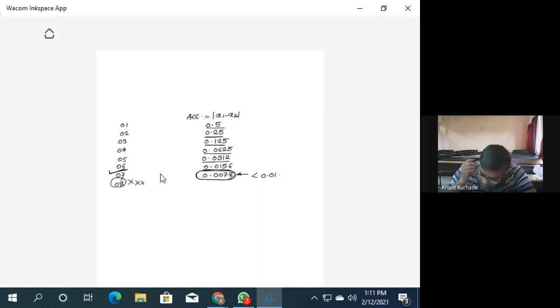So in this case, in the seventh iteration, what will be the answer? We have the answer as minus 1.6367.